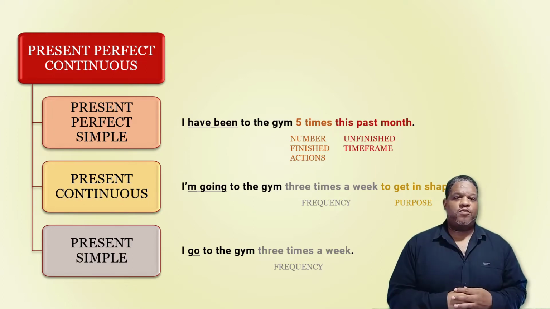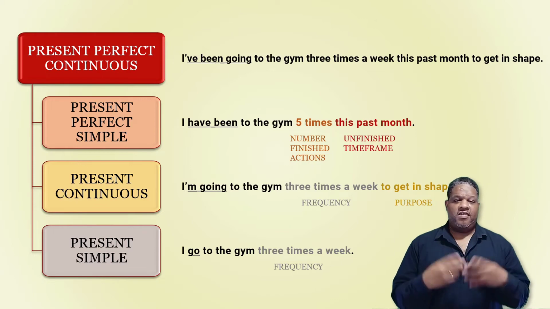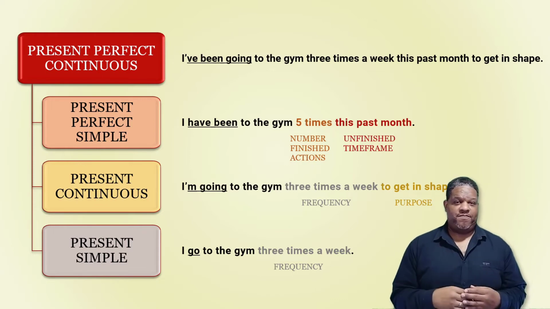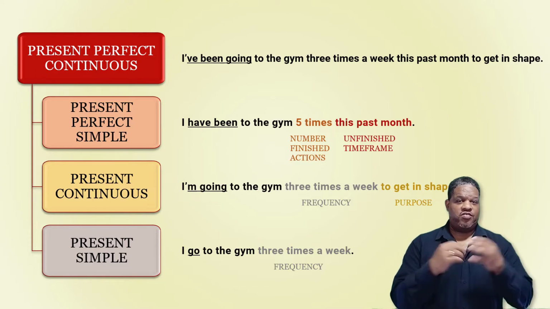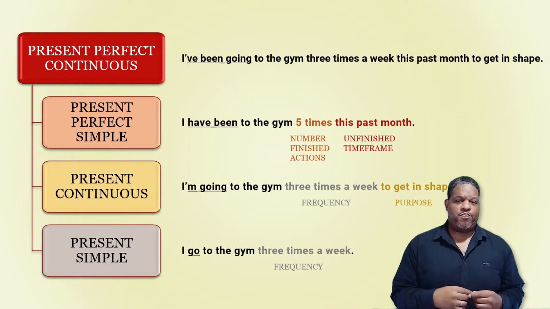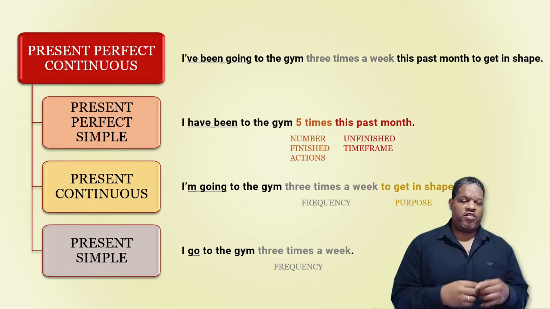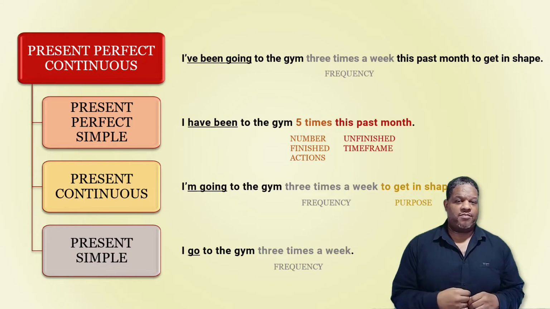Okay, for example, I've been going to the gym 3 times a week this past month to get in shape. So what did we change? What did we keep? Well, we changed back from the perfect simple to the continuous. We kept the frequency, 3 times a week.